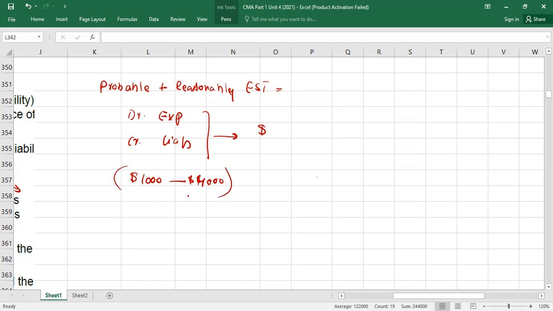Now you got confused here. Should I book this entry with 1,000 or with 4,000 or with 2,000 or with 3,000? Because a range is there, you will ask another question. You will say, sir, there is a range of 1,000 to 4,000. Do you think any amount from this range is a better estimate?